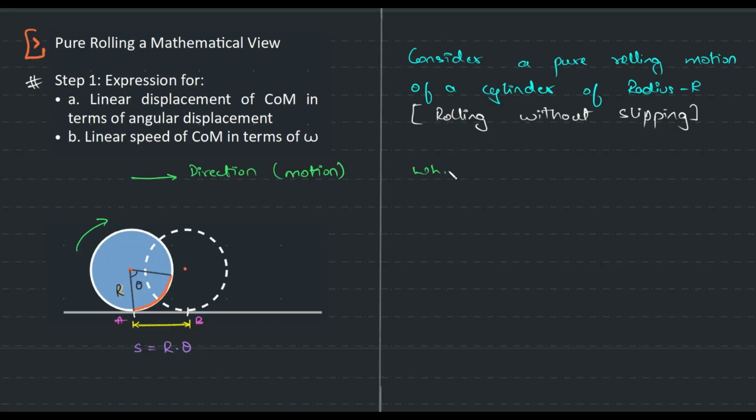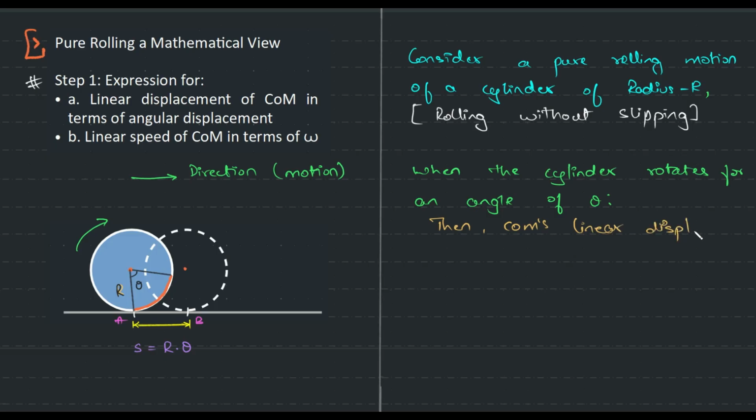So this being the case, when the cylinder rotates for an angle of theta, then the center of mass's linear displacement is given by small s is equal to capital R into theta.